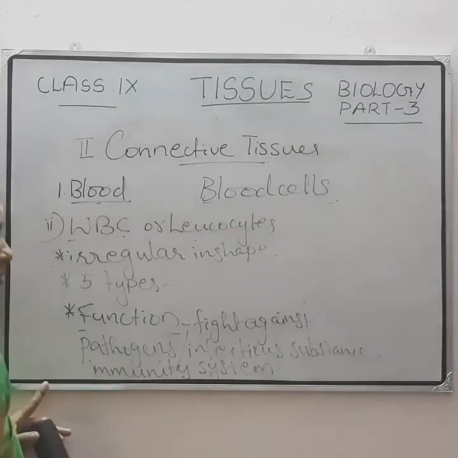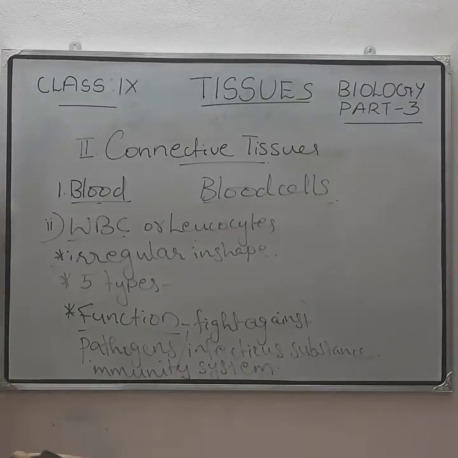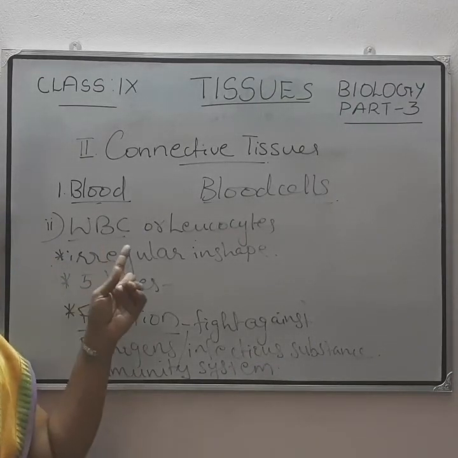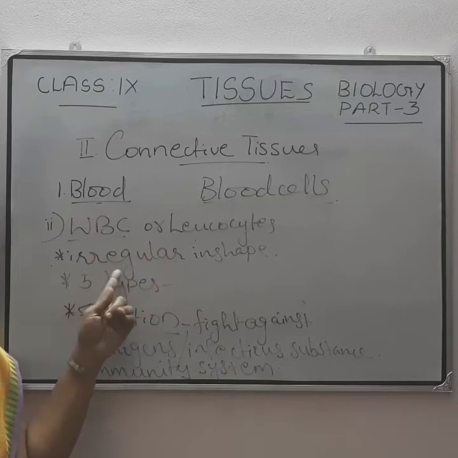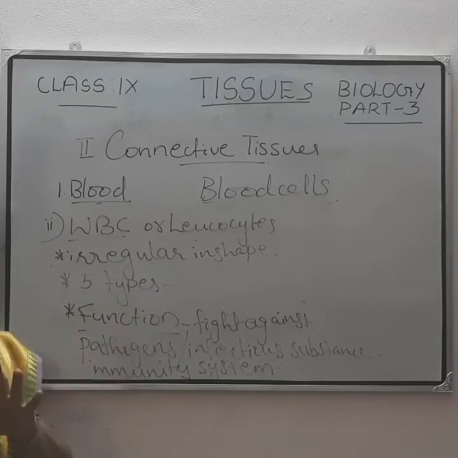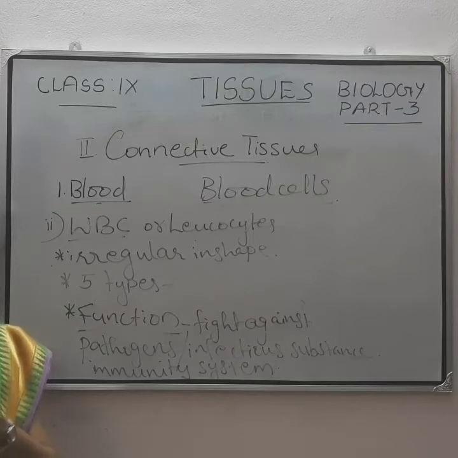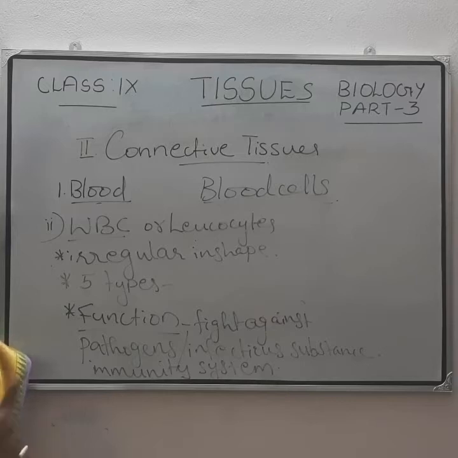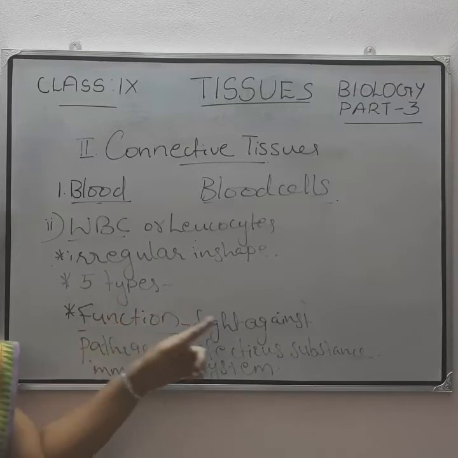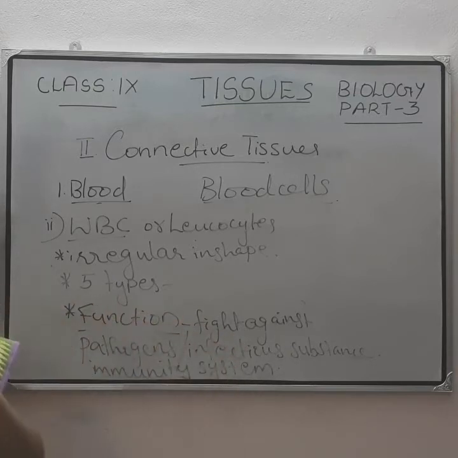Once again, WBC or leukocytes are irregular in shape. We studied about amoeba, no? They can always change their shape. So WBC also can change their shape. There are 5 types of WBCs, and their function is to fight against pathogens or infectious substances. Thus it provides an immunity system to our body.